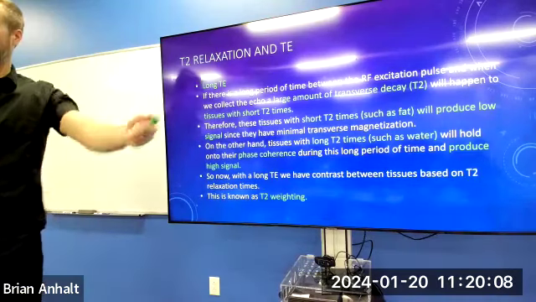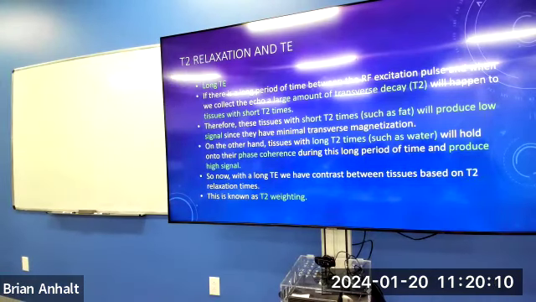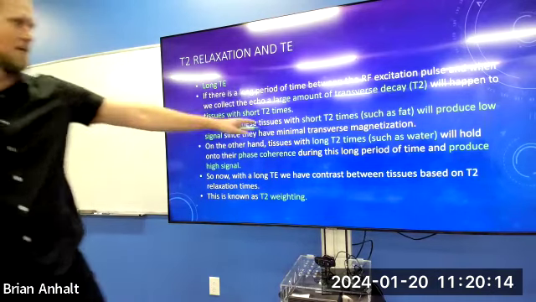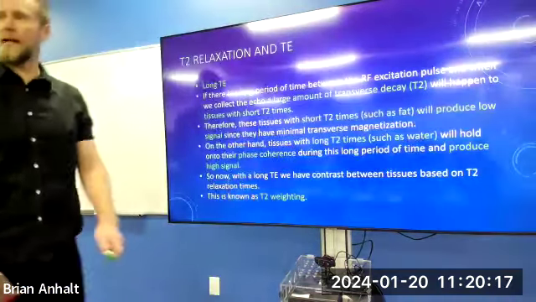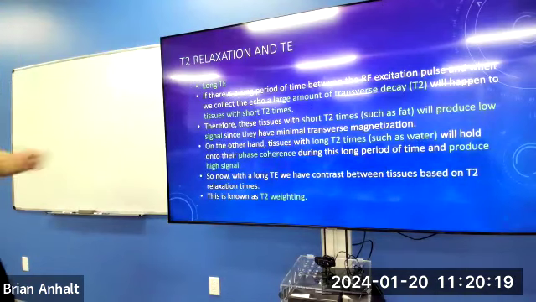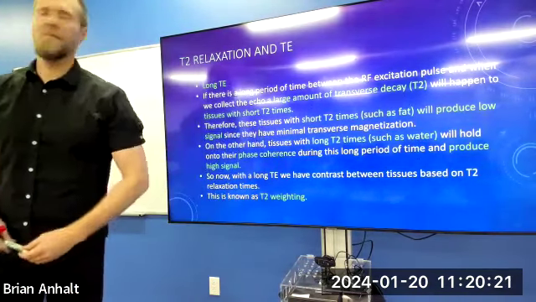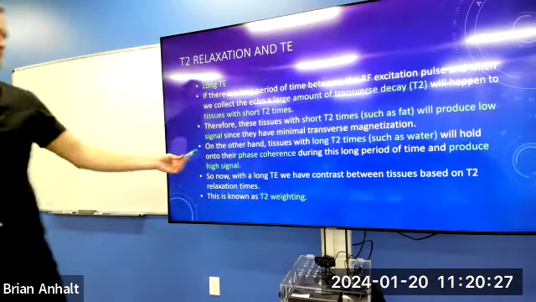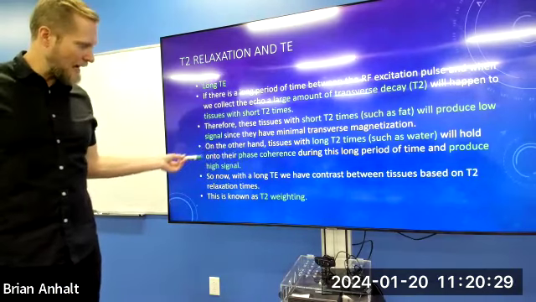If we take a long period of time before excitation and when we listen back, fat is going to decay and produce what? Very low signal, right? On the other hand, tissues with long T2 times, water, CSF, hold on to their phase coherence for longer and do what? Produce high signal, right?